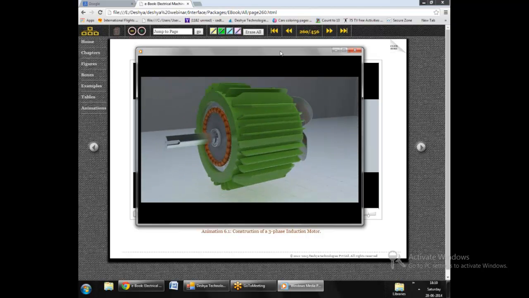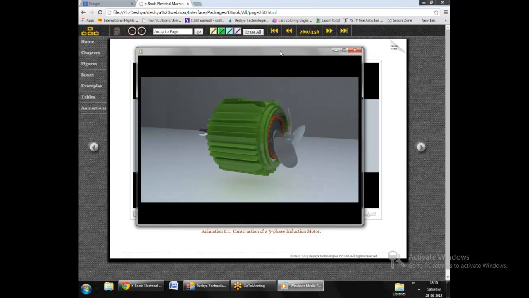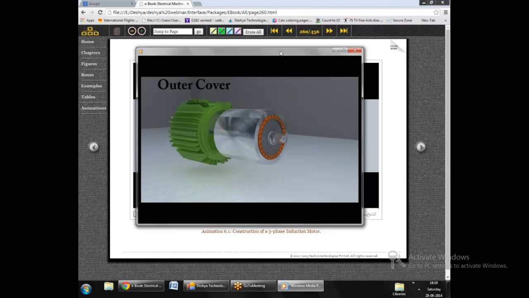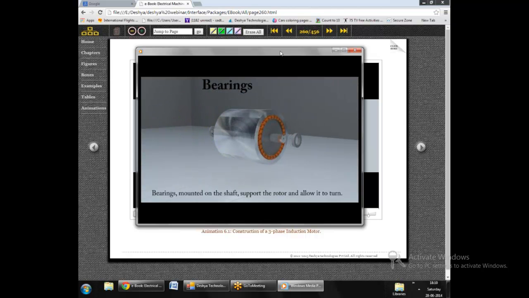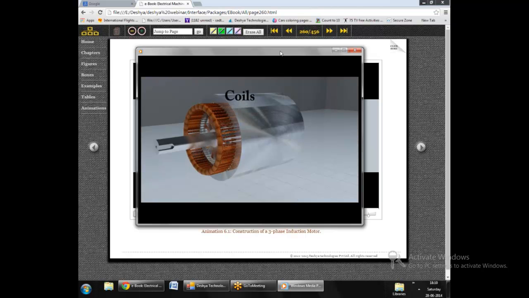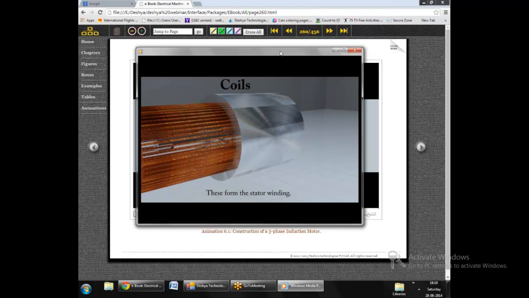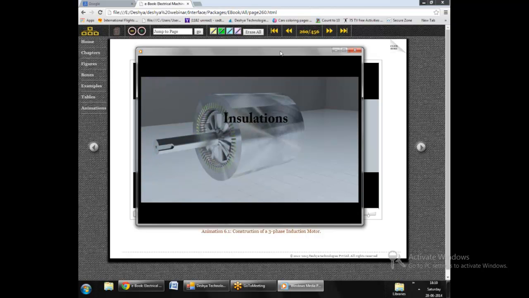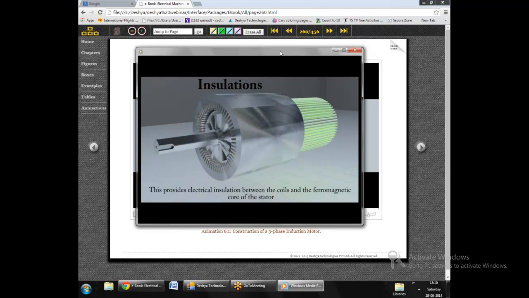Now we can see here the machine was housed inside a housing. There was a cooling fan, it's an air-cooled motor, and then inside the housing are the actual electromechanical parts of the machine. It consists of two bearings and coils on the stator, and also a layer of insulation which separates the coils from the ferromagnetic material.